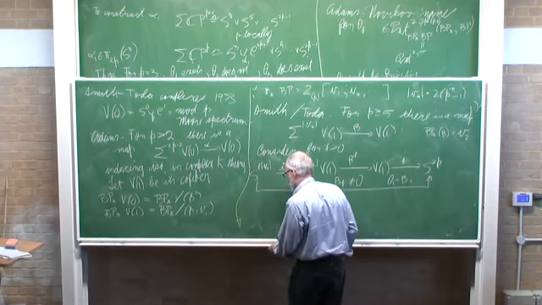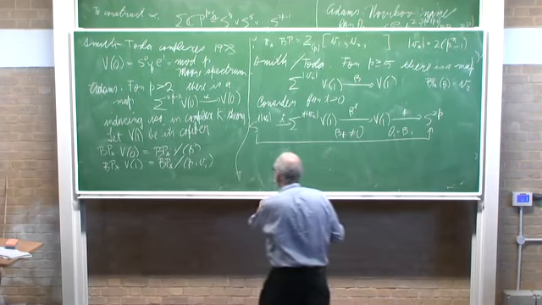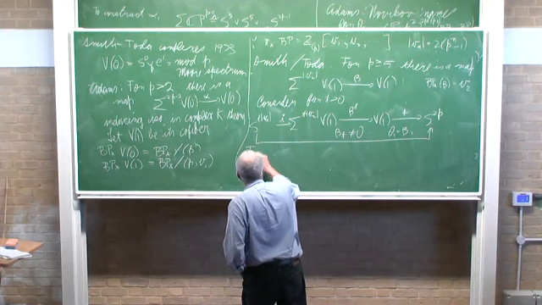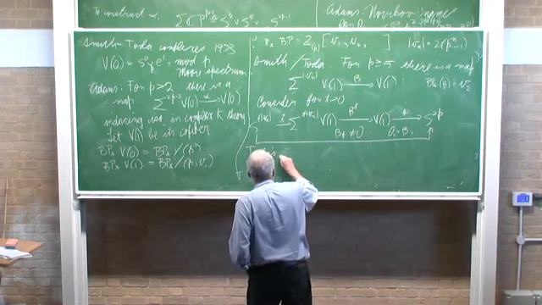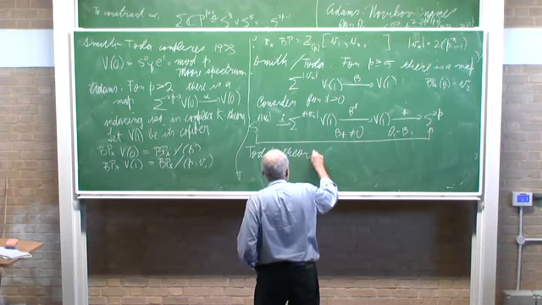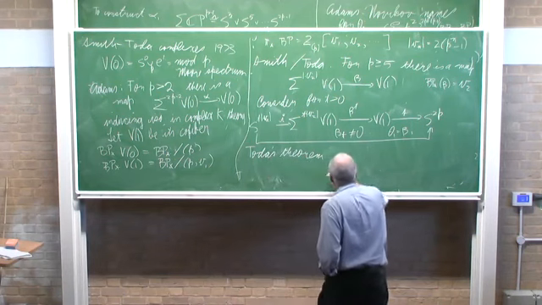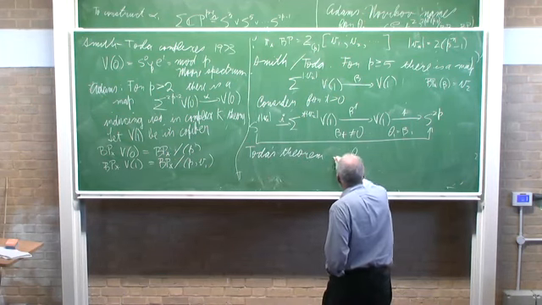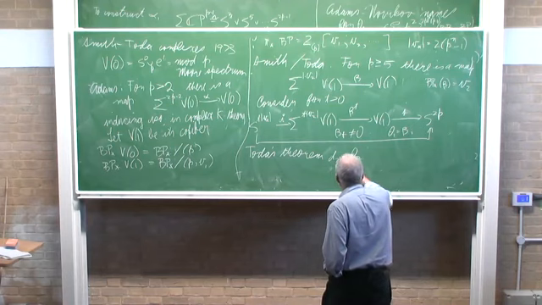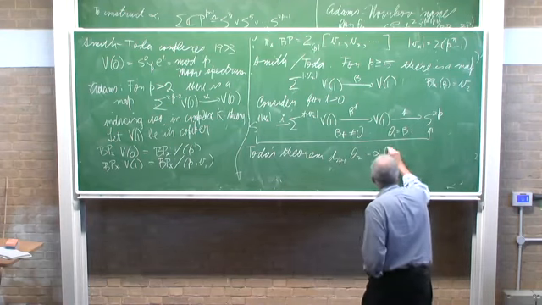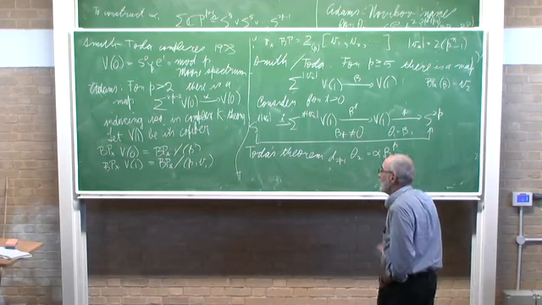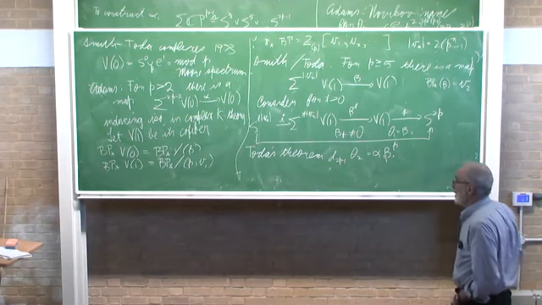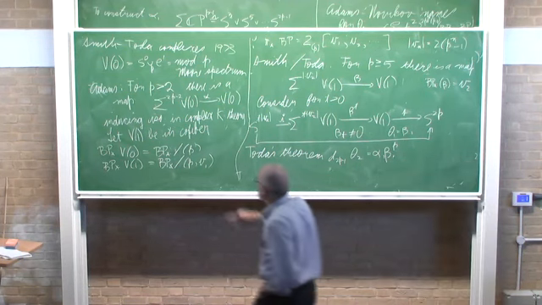Now, let me repeat Toda's theorem. Toda's theorem is that theta 2 supports a differential. And incidentally, another way to get alpha 1 is the following.